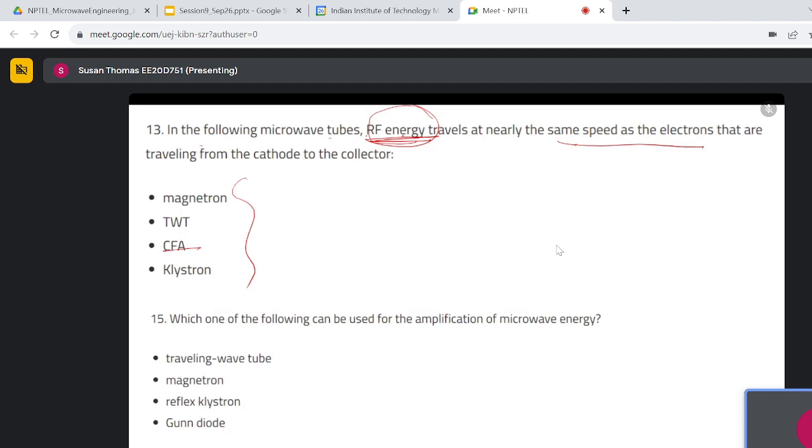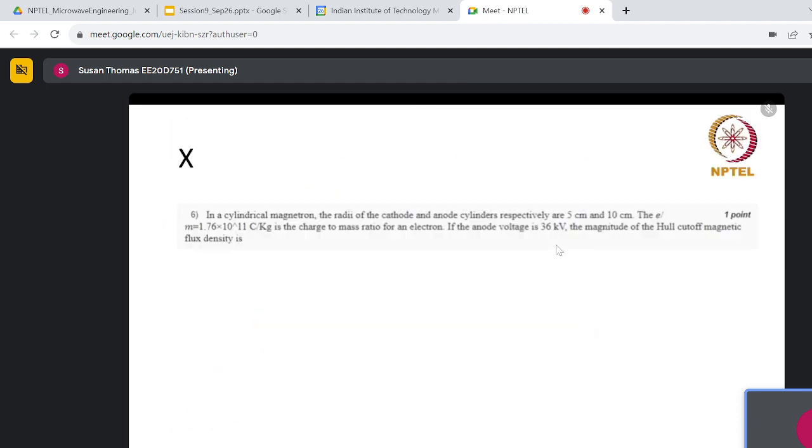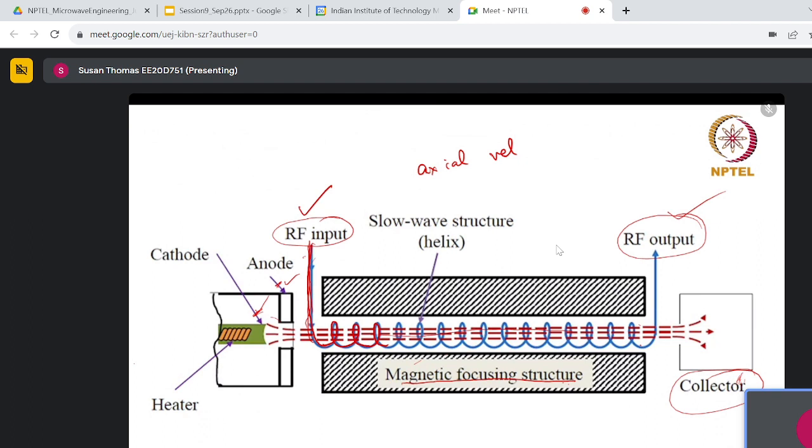Now if you remember about the TWT, I told you about phase velocity, which is based on the axial structure. But the energy is the group velocity, the propagation along the propagation direction.